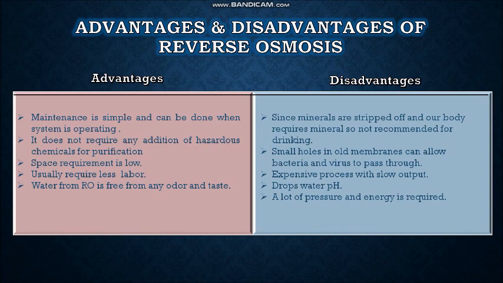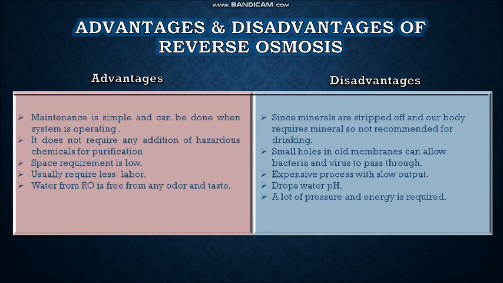It just filters out all the contaminating materials. Space requirement is low, so the system can be built on small areas. Many RO plants are designed to operate automatically, thus RO plants usually require less labor. Water from an RO plant is not only pure but also free of any taste or odor due to carbon filters.